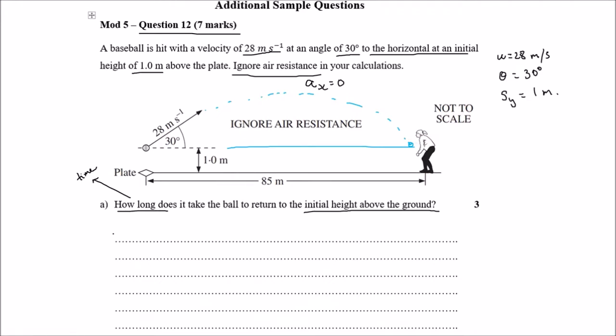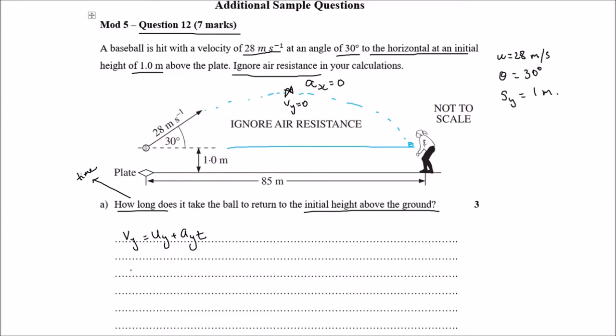The equation I am going to use is Vy equals Uy plus Ay t. The reason I'm using that is because I'm trying to work out what time is. I already know that at peak height, Vy is always going to be 0. When you throw an object in the vertical direction, its vertical velocity will always be 0 at peak height.